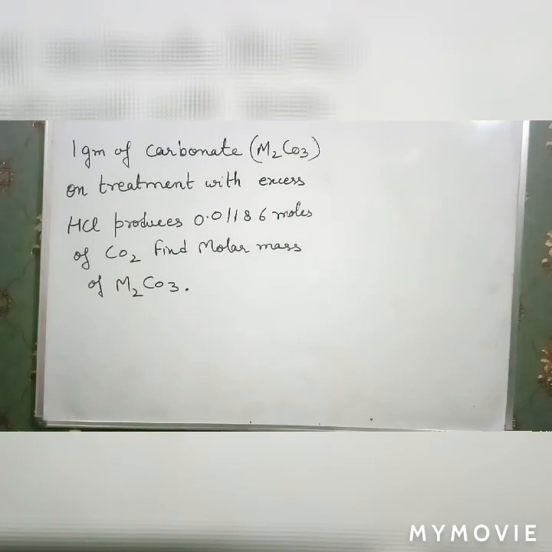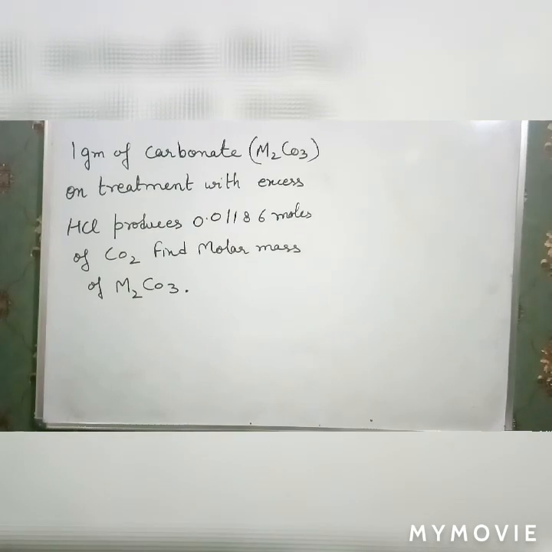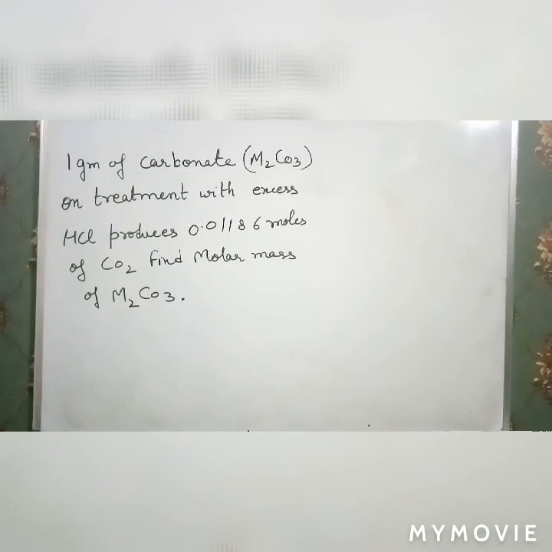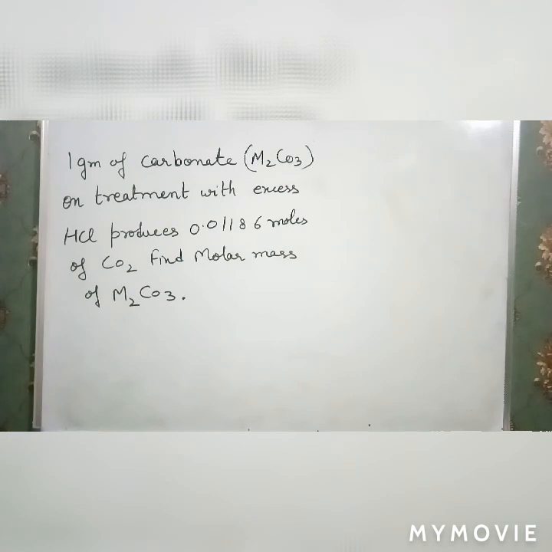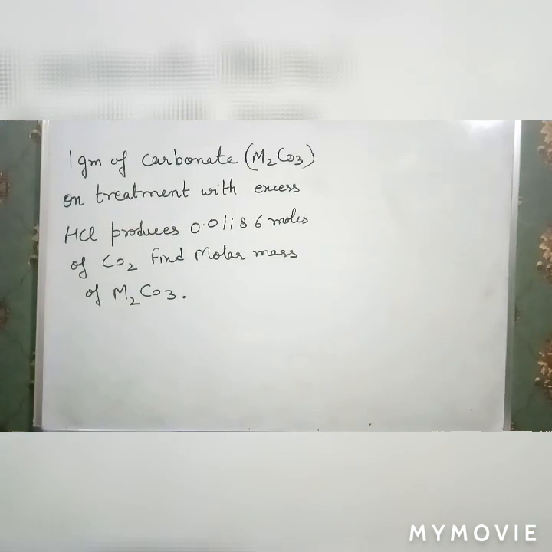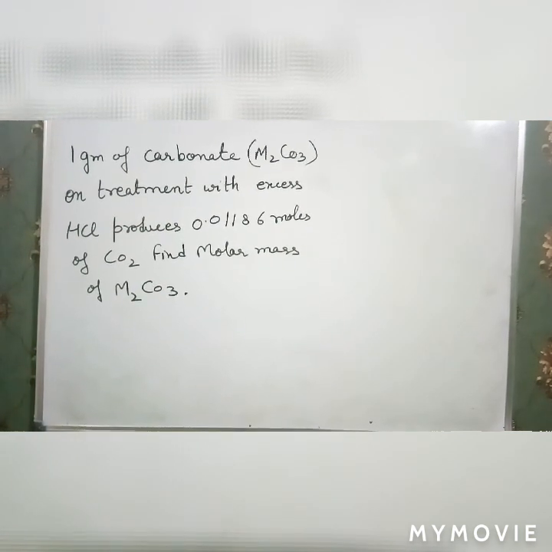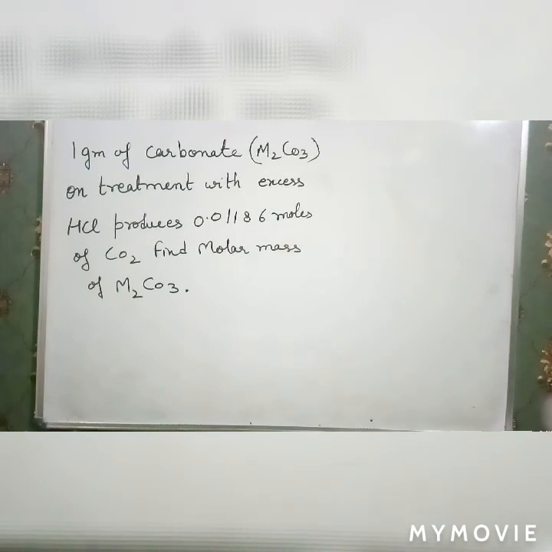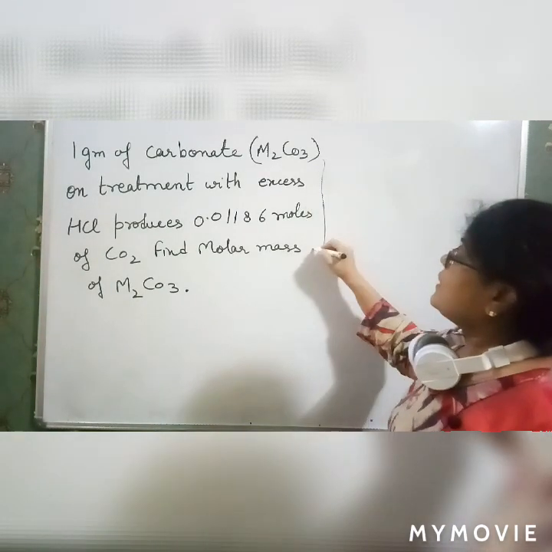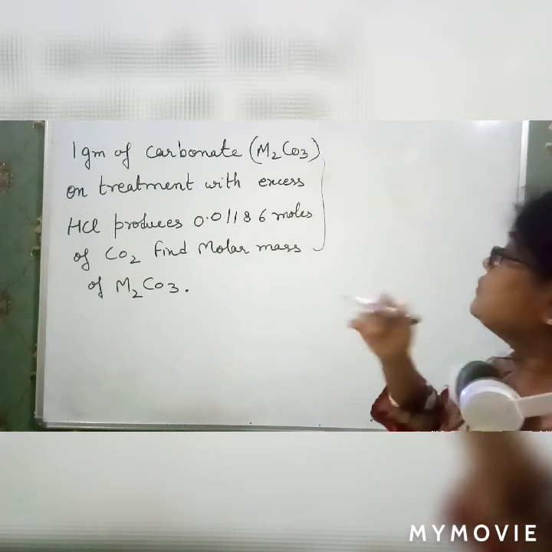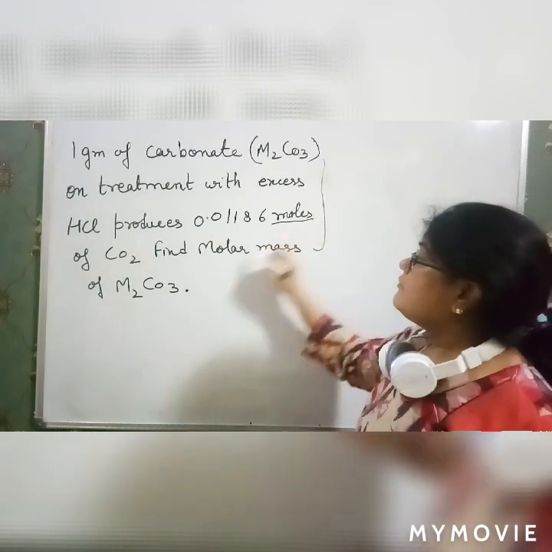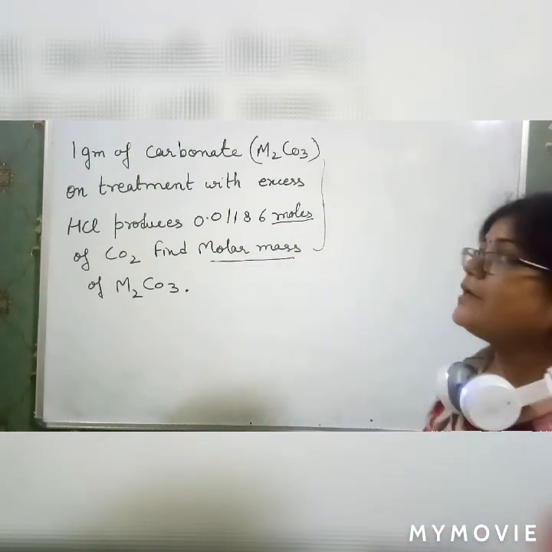Now the next topic I am taking, we just note it down. Now there's another question on your screen. 1 gram of carbonate on treatment with excess of HCl produces 0.01186 moles of CO2. Find the molar mass of the M2CO3. That means in this case we have to use the formula relating the number of moles and molar mass.